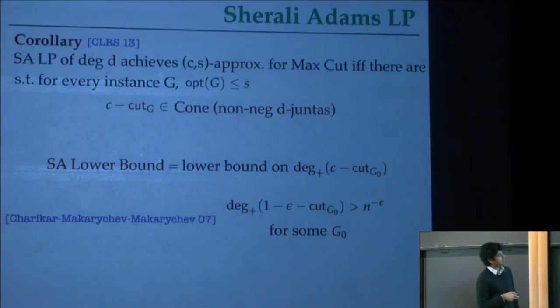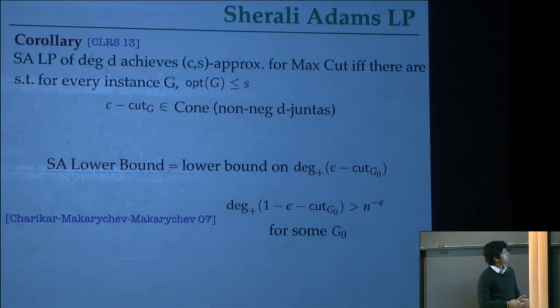So in this example, the optimal value is roughly half, and the LP value is close to 1, and this lower bound can be stated as saying that the non-negative degree of roughly 1 minus the cut function is, wow, n to the epsilon, okay, and it's larger than n to the epsilon. That really means that Sherali Adams, to prove that the value is smaller than 1 minus epsilon, would need time at least 2 to the n to the epsilon, okay. And that is the Sherali Adams LP lower bound that we are going to compose to give the lower bound on arbitrary LPs today.